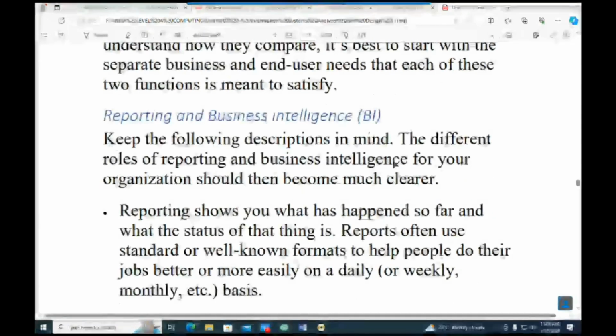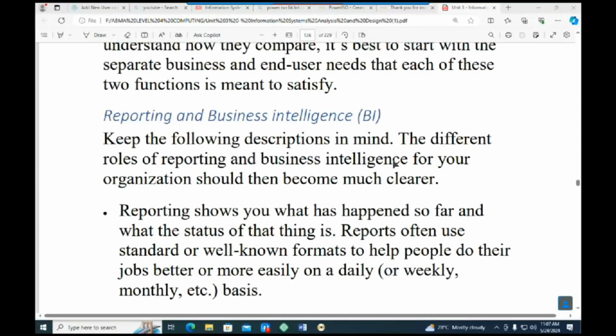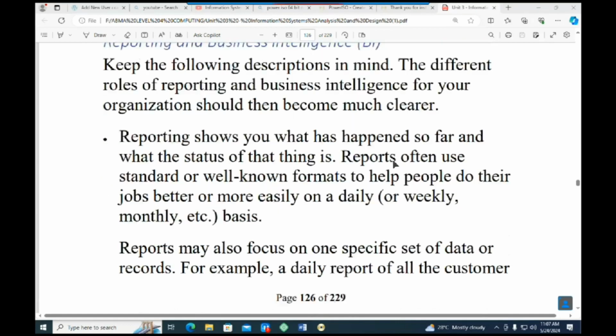So reporting and business intelligence is what we call BI. For you to really get a distinction in terms of understanding this concept, you need to have the following descriptions in your mind. We have different roles of reporting and business intelligence that your organization should do, or that need to become clear for an organization.